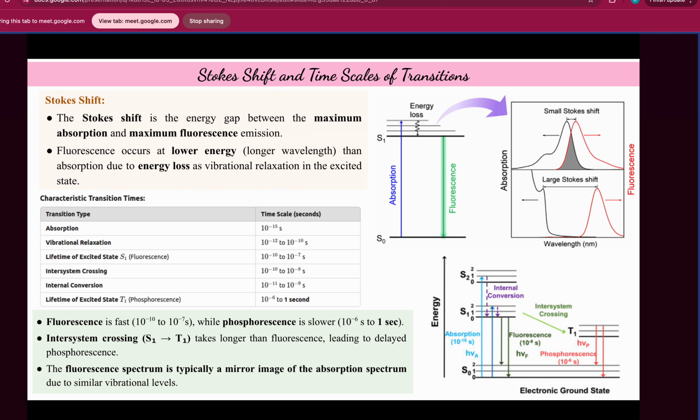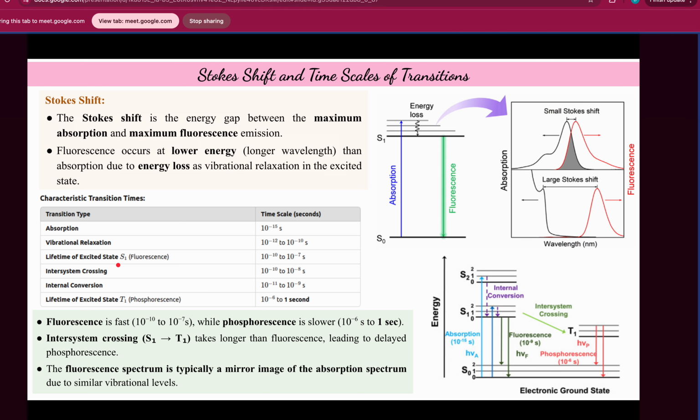And now this is another characteristic: transition times. For the absorption, this is the time scale of how much time is needed for the absorption, vibrational relaxation, and the lifetime of the excited state. This lifetime matters because, when we were looking at the broadening of peaks in absorption spectra, we also studied the difference in time scale.